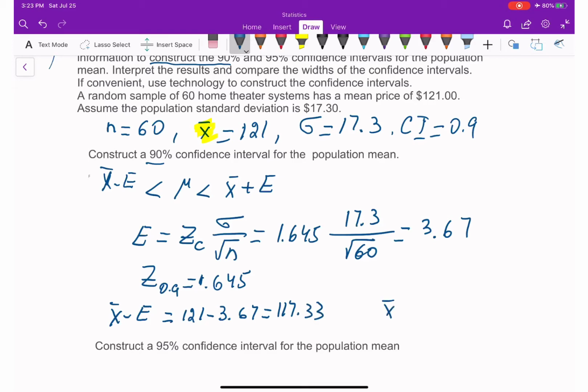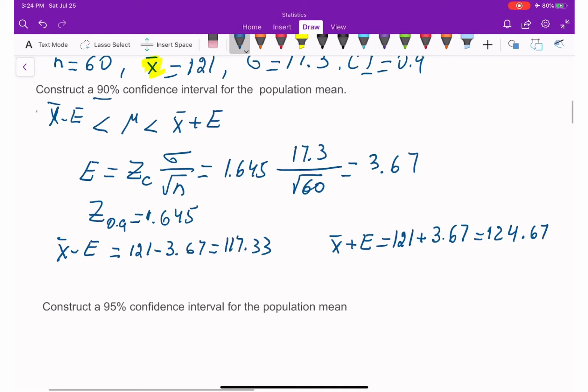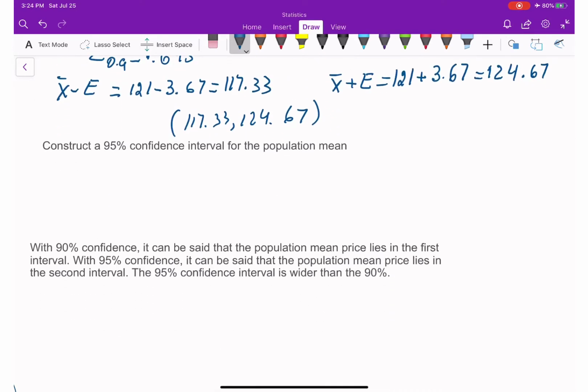And x bar plus error, it's going to be equal 121 plus 3.67, and it's going to be 124.67, which means the confidence interval is going to be 117.33 to 124.67. Okay, 95%, you can do it, right?